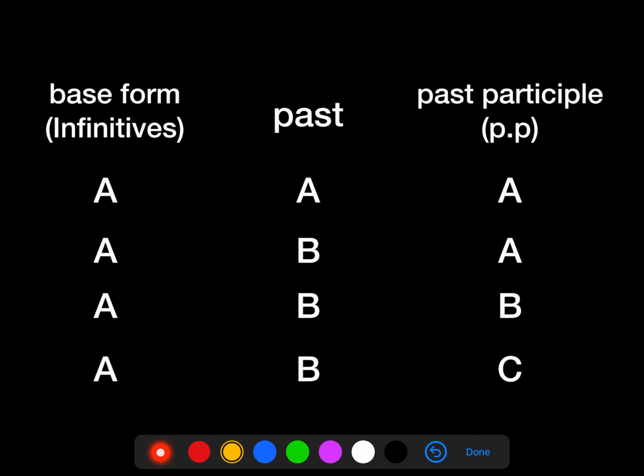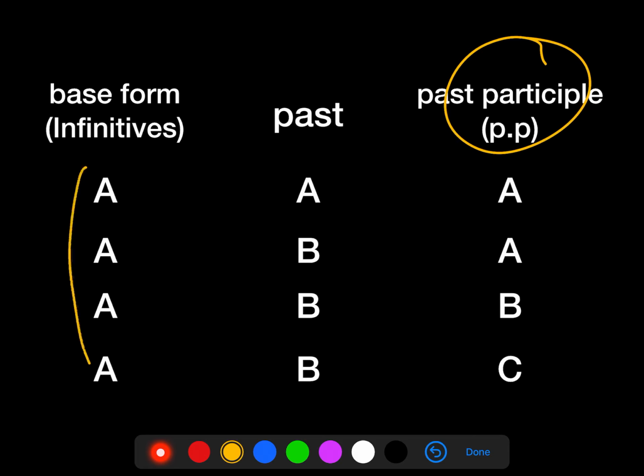Very good. So we have three different forms: base form, past, and past participle. As I said before, we call the past participle PP as well. And irregular verbs have these four patterns.